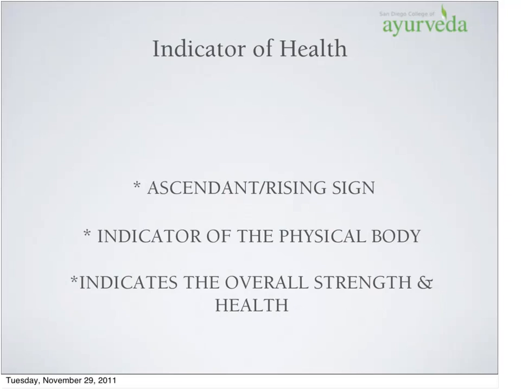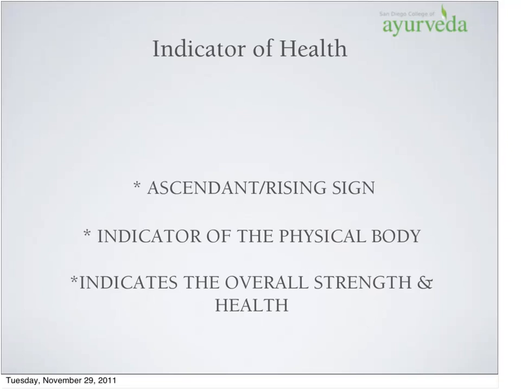And then where the Mars is located in the chart will give you even more information. So the overall health of a person we're going to know just from the ascendant and the rising sign, because this is the indicator of the entire physical body. The ruling planet will always give you more information about the rising sign.